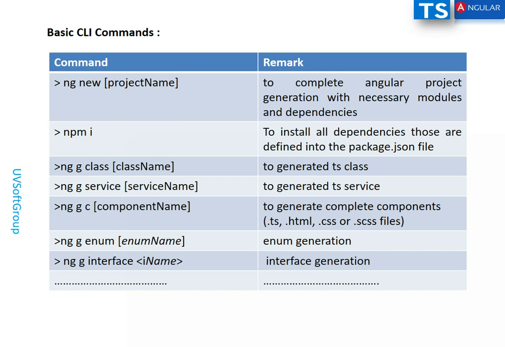Even though they are already there, run it again, because then all dependencies are checked for what is needed, and you run the application. It installs all dependencies defined in the package. I will show you when you need a new dependency: you just add it there, and then again run npm i to install the dependency into the application.